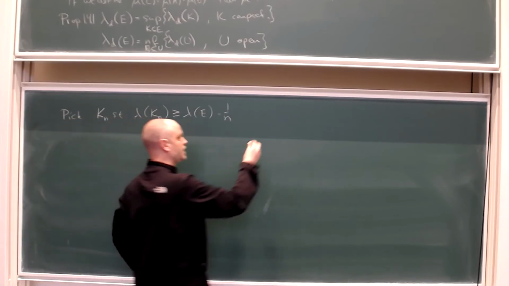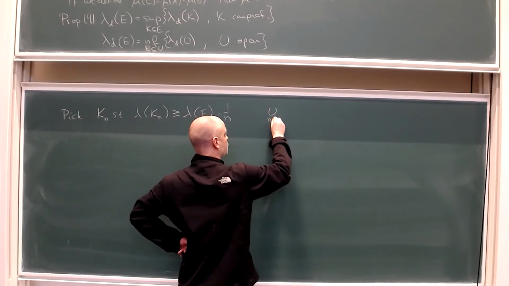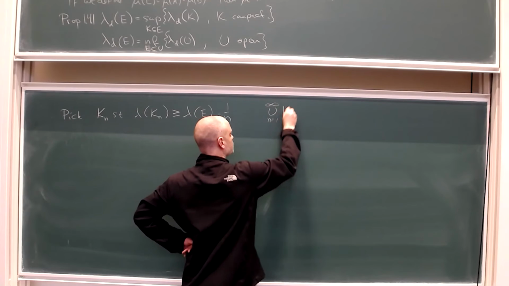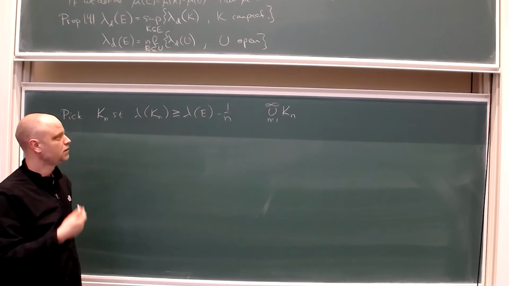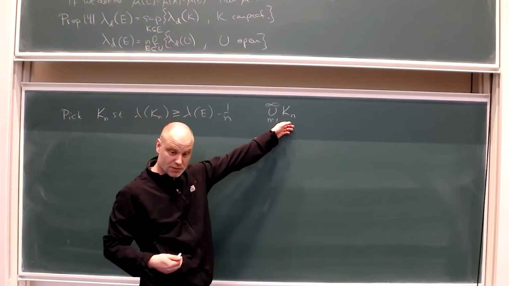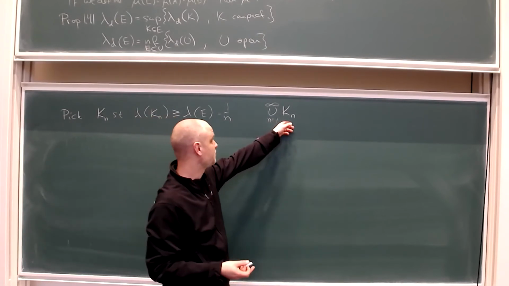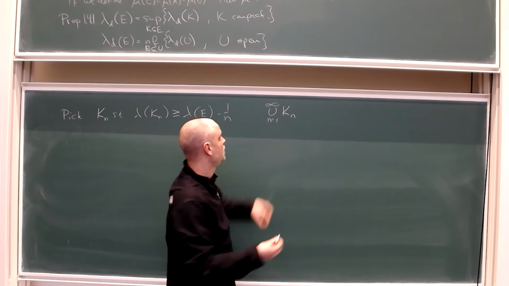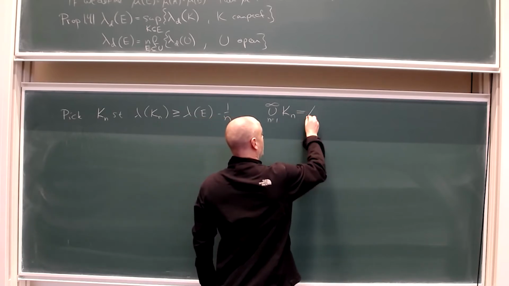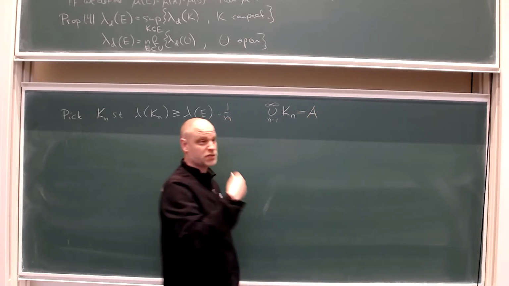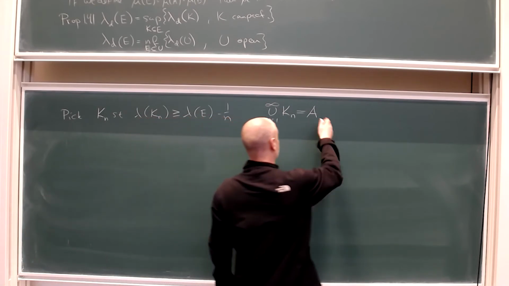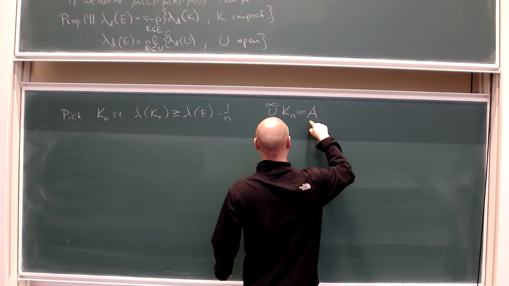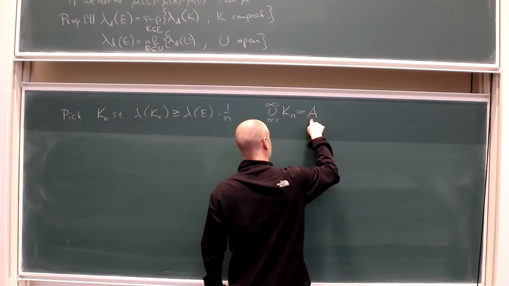Yeah? And then you look at the infinite union of these K n's. Now, obviously, this set is in the Borel sigma algebra, because we're allowed to take countable unions. And obviously, by this proposition 125 or whatever we always use, we have that the Lebesgue measure of this guy.